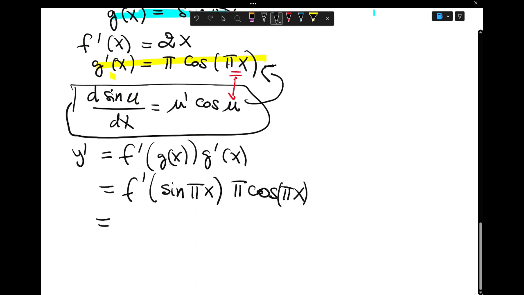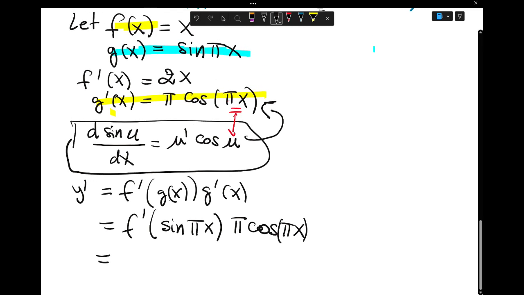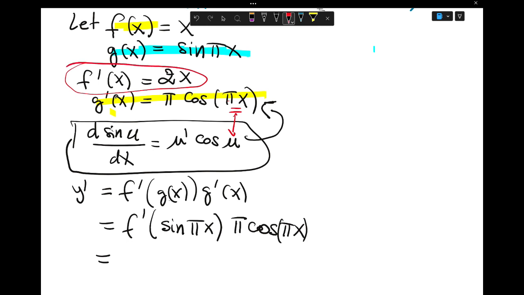So we know that f prime equals 2x. This is f prime, so we're just going to use that here. So we're just going to say 2 times sine of pi x, times pi cosine pi x.